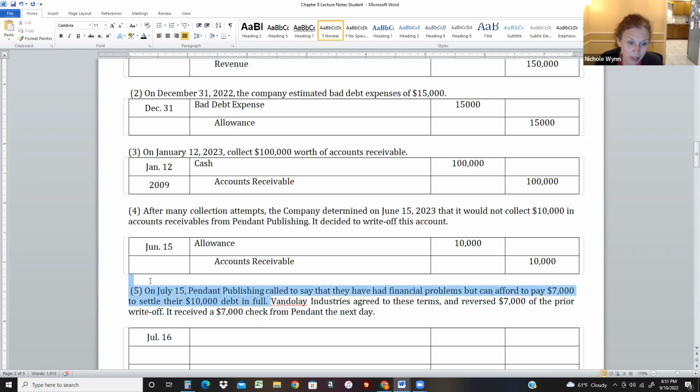And they want to give us $7,000. Now, we could say no, but having $7,000 is better than not having any. And when they call us and say they'd like to give us $7,000, we don't say, oh, we already wrote you off. Don't worry about it. We wrote them off, but they don't need to know that. And so if they want to give us some money, we'll take their money.